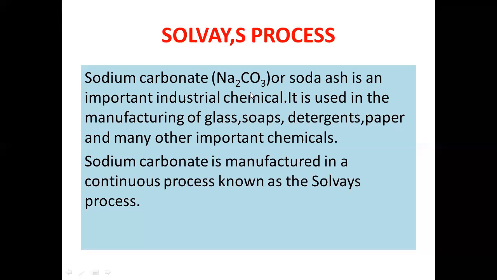Sodium carbonate is manufactured in a continuous process known as the Solvay process. What are the raw materials required for this process? The raw materials required are ammonia gas, brine, which is a concentrated solution of sodium chloride, and limestone as a source of carbon dioxide and slaked lime.